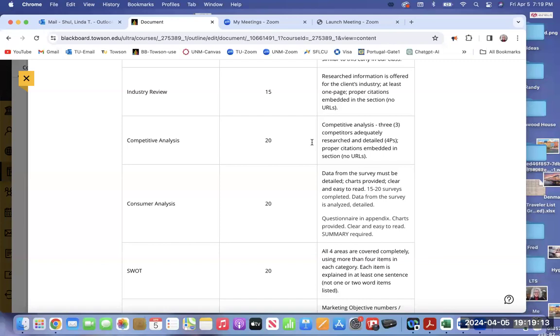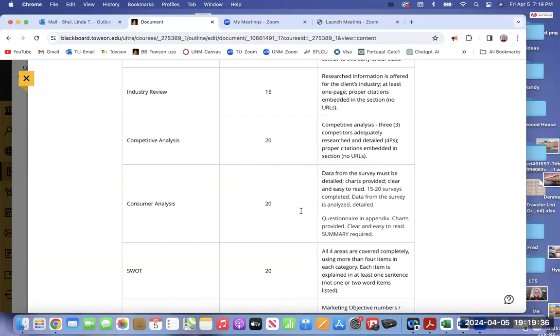How much are they charging? If it's a sandwich shop, take a typical sandwich and tell me how much they charge compared to your business.